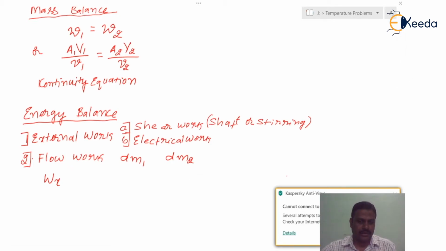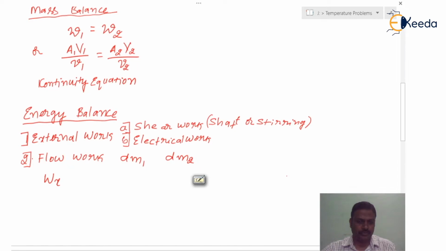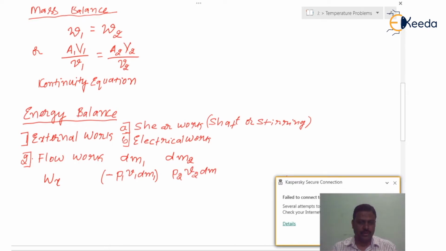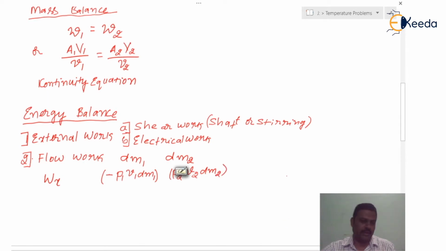Then the corresponding work caused by this flow is minus P1 V1 dm1 and P2 V2 dm2, which are at inlet and exit of the control volume.